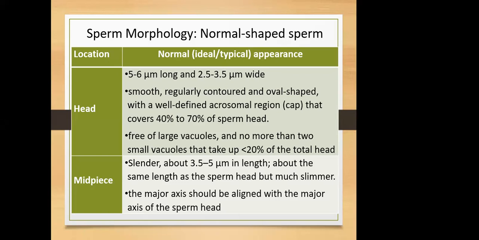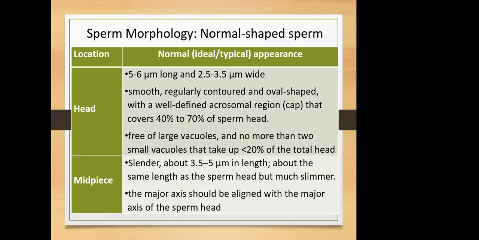So the normal one should be oval shaped with a well-defined acrosomal region, which is the cap, and that one should cover between 40 to 70% of the sperm head. So if you have this imprinted in your mind, then you can always situate it with the shape that you are looking at. What is the acrosomal proportion?